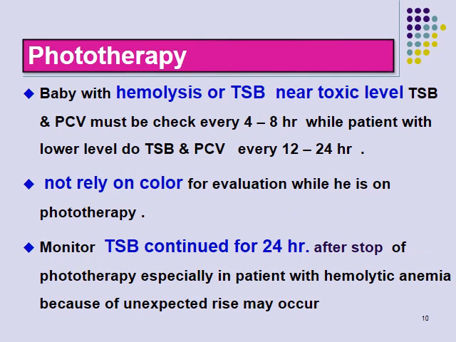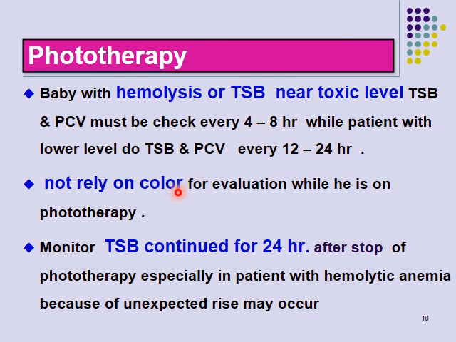A baby on phototherapy who has hemolysis or TSB near toxic level, TSB and PCV must be checked every 4 to 8 hours, while patients with lower level have TSB and PCV checked every 12 to 24 hours.